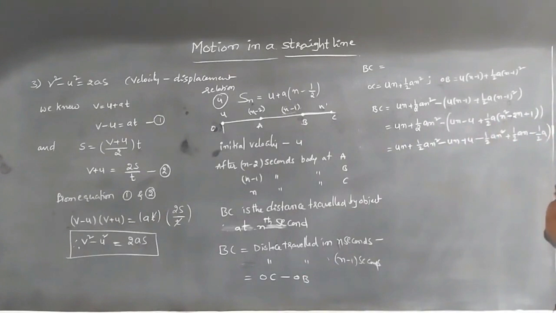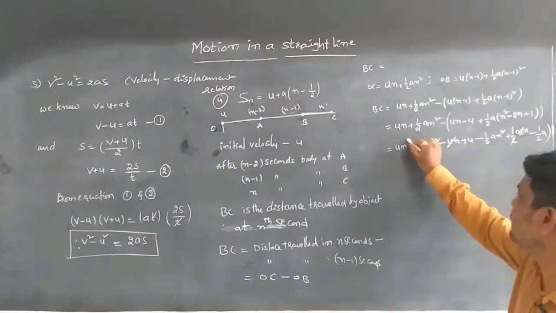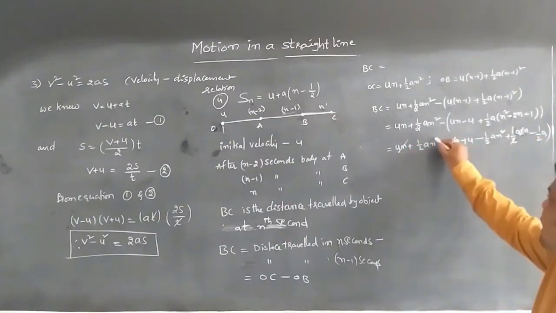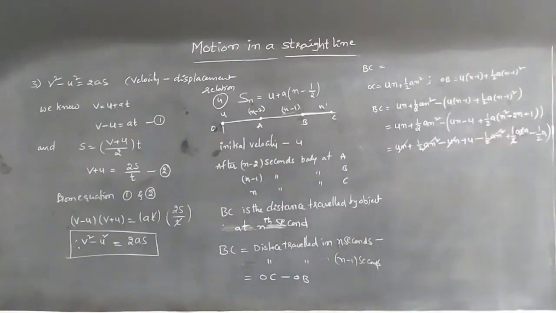So from this relation we can write that here we have half A 2n and half A 2n, so the 2 gets cancelled. Then minus Un is there, plus Un is there, and half A n square minus half A n square get cancelled.